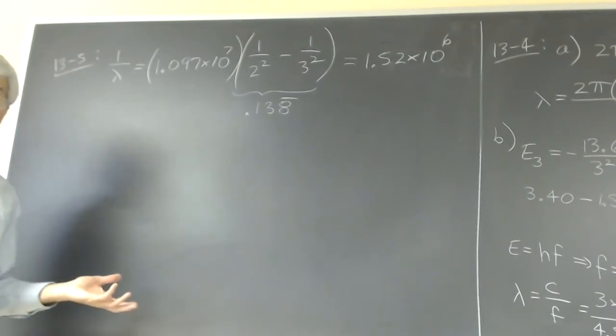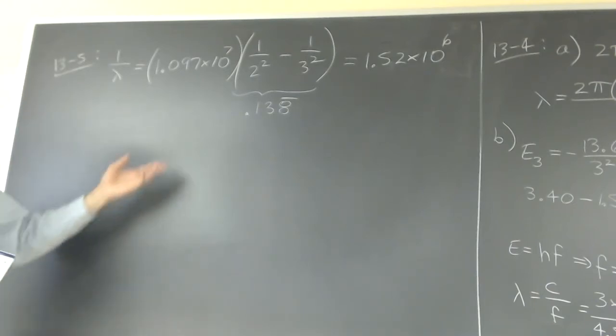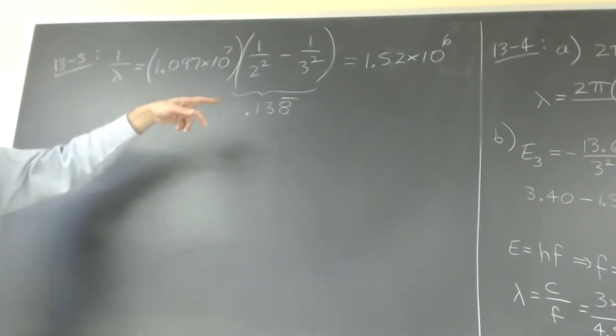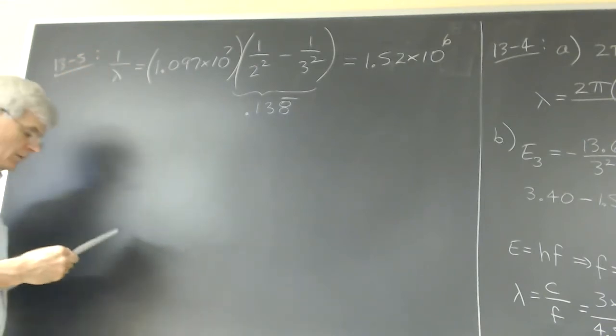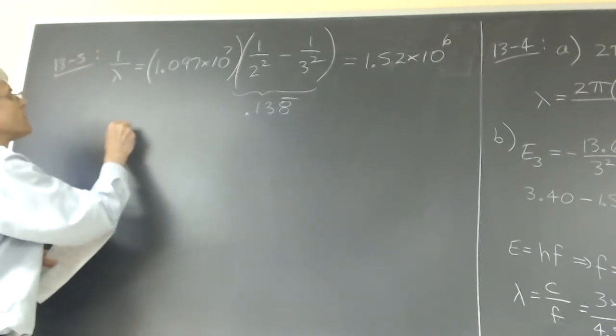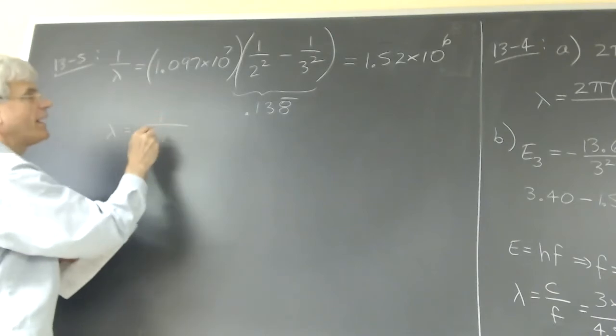And then there's always somebody who forgets the last step. This is not the wavelength. This is 1 over lambda. So the wavelength would be the reciprocal of that.